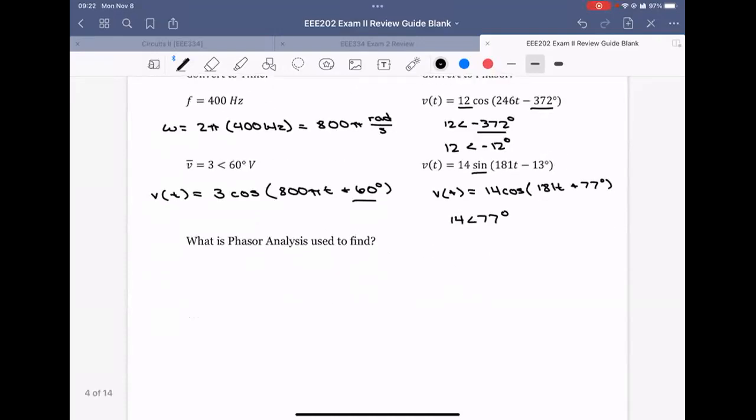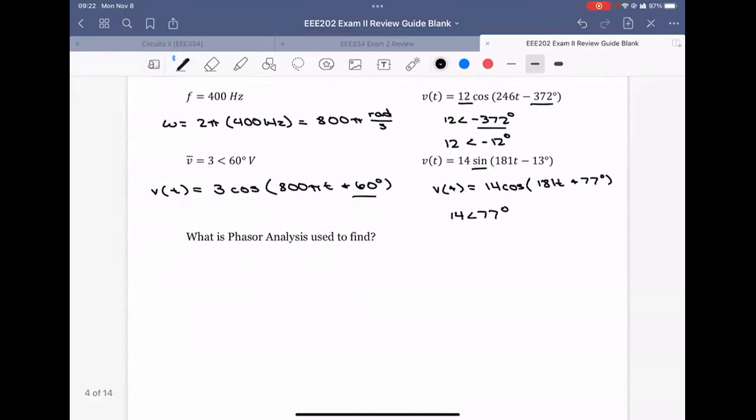What is phasor analysis used to find? You may be asked this on the exam. It's used to find the steady state sinusoidal response of an RLC circuit.